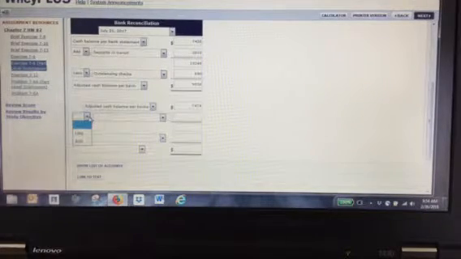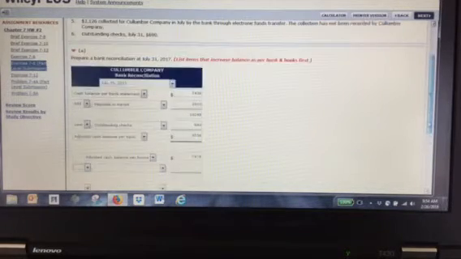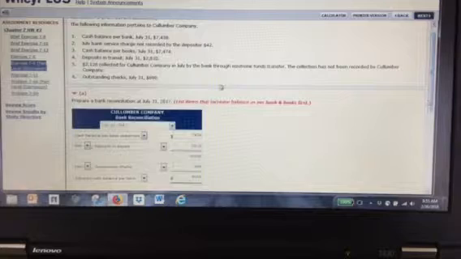Yes. And then after that, we'll need to add any notes that are collectible. We can find out up here in our information that during this period of time, the bank collected $2,126 for us in an electronic transfer.